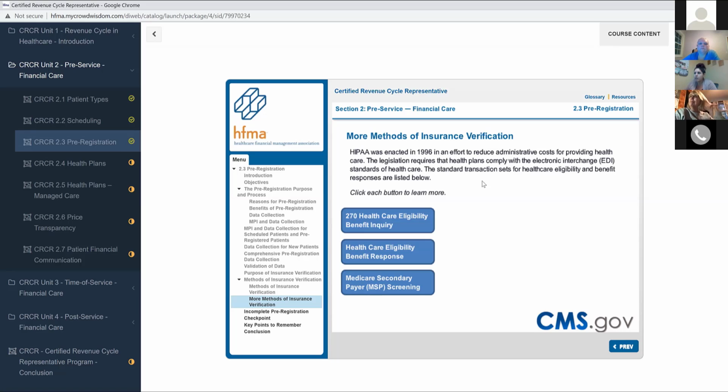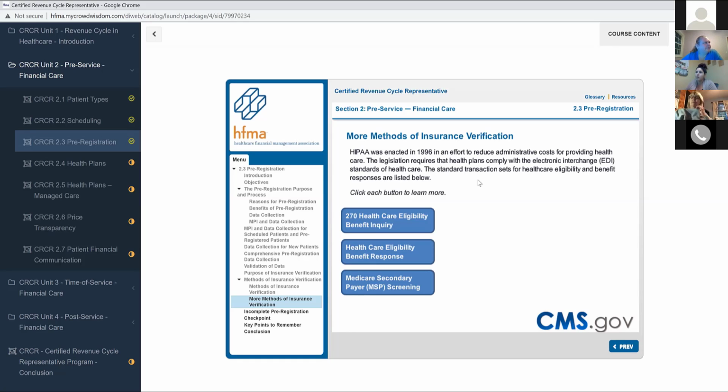It hasn't worked perfectly, as most things never do, but it is a piece of HIPAA that you kind of forget. So on the test, there may be some questions about HIPAA with regard to 835s or 270s. And you just need to remember that that is in the HIPAA regulation about those electronic transmissions.